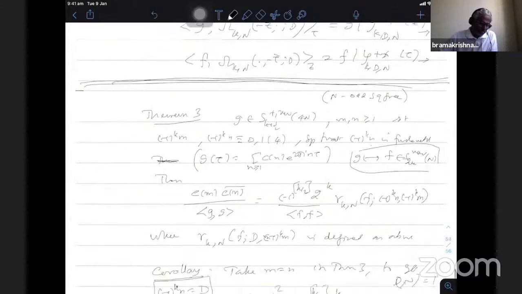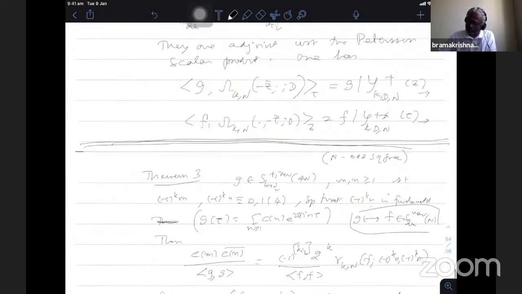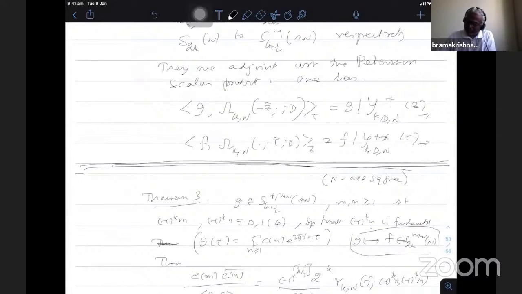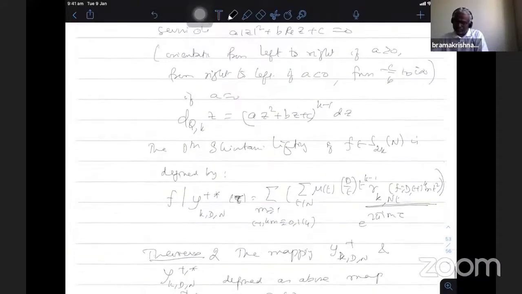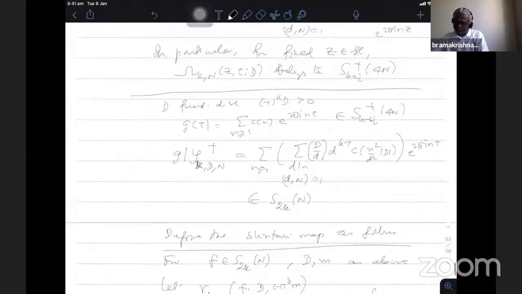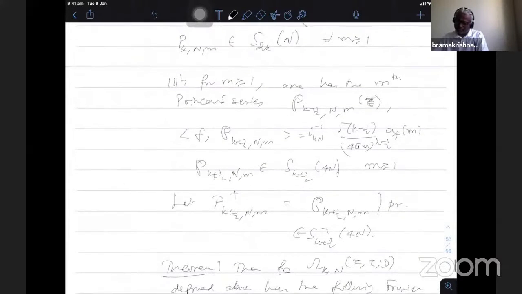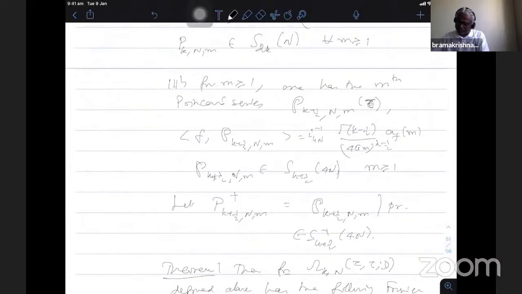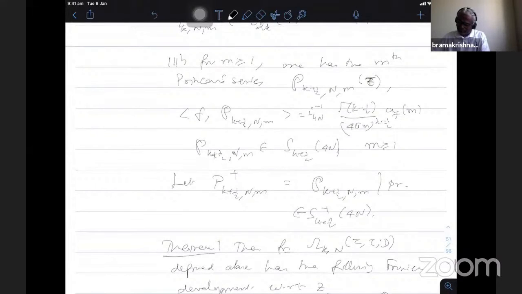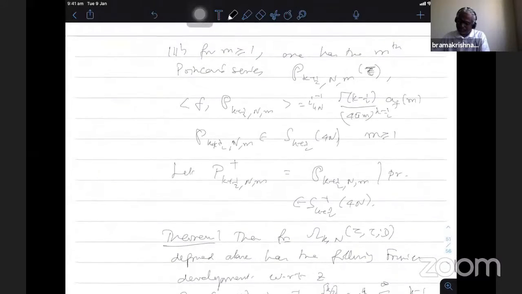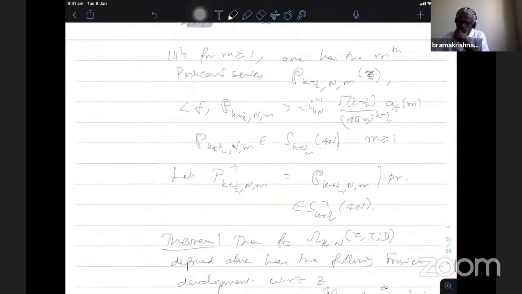That is easy to see, because this omega function is given in terms of the Poincare series, and we have the characterization of the Poincare series which gives rise to the Fourier coefficient. Actually, I forgot to mention this Poincare series relation in the case of the plus space Poincare series, and it's exactly the same.